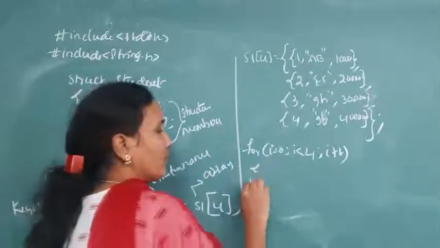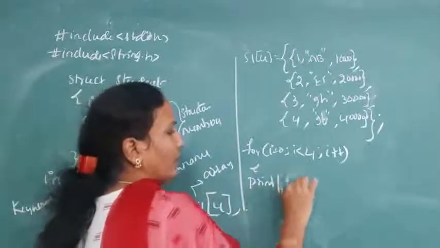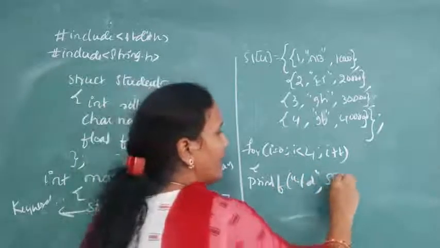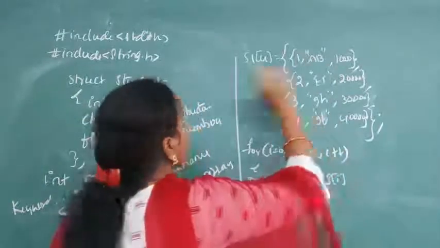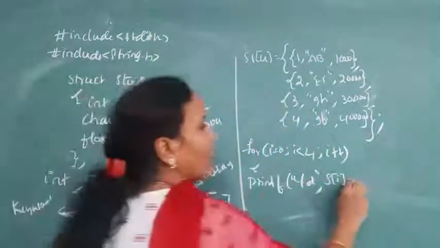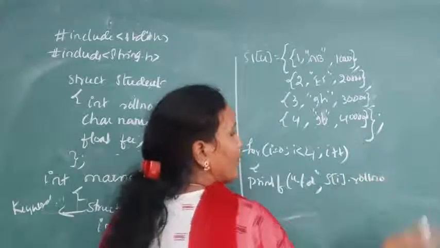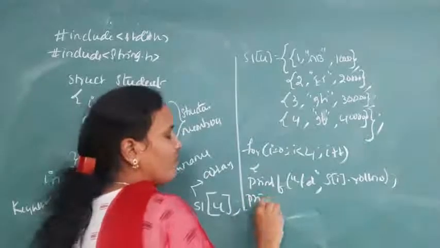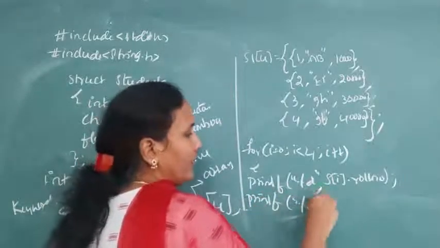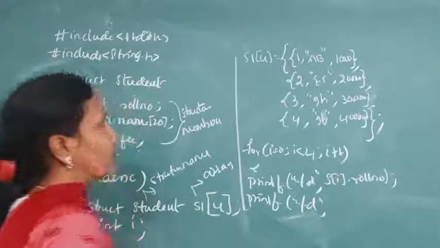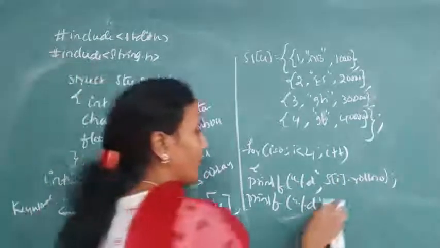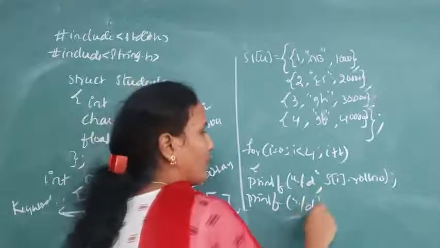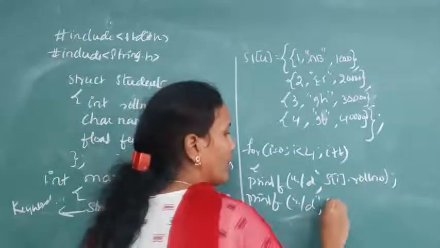Now printf %d, yes i, what is the first one? Roll number. Okay. Next printf %s, what is the second one? It's a string, right? str.